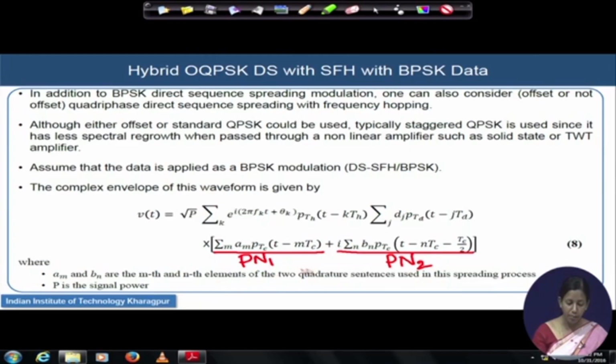This PN1 and PN2 are not the same actually. What I said earlier, PN1 and PN2 will be for the spreading by the direct sequence, and spreading by the hopping sequence for hopping. So, if PN1 and PN2 are there for the direct sequence, then PN3 is running here for your frequency hopping. It is such like. So, going to the next slide.